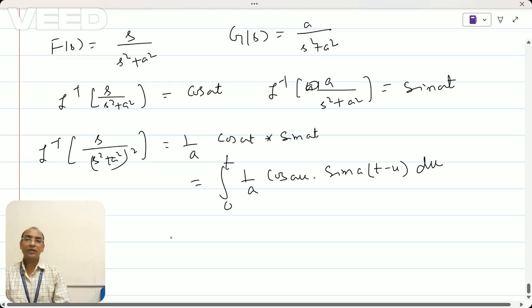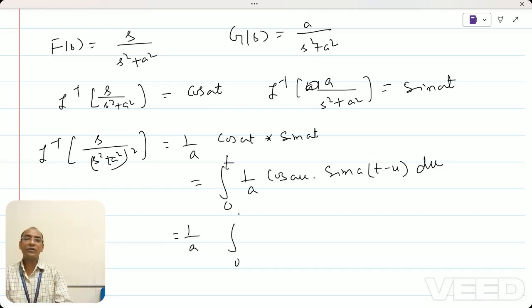So this is equivalent to 1 by a integration 0 to t of cos au sin of (at minus au) du.